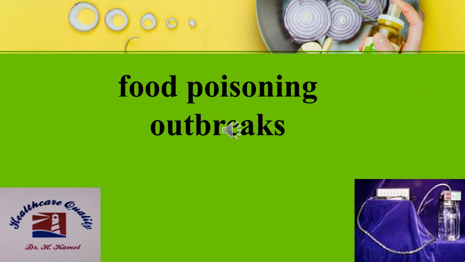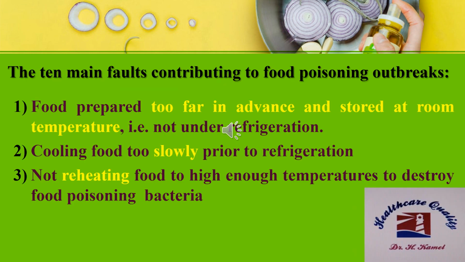Food poisoning outbreaks. There are 10 main faults contributing to food poisoning outbreaks. Number 1. Food prepared too far in advance and stored at room temperature. Number 2.